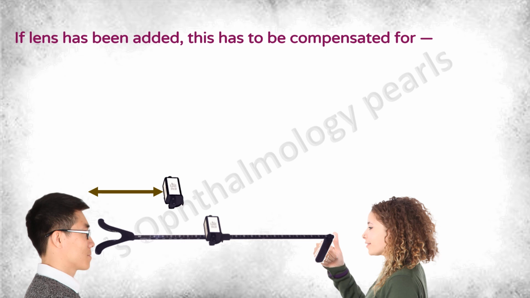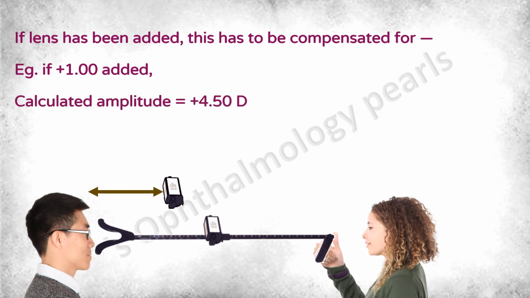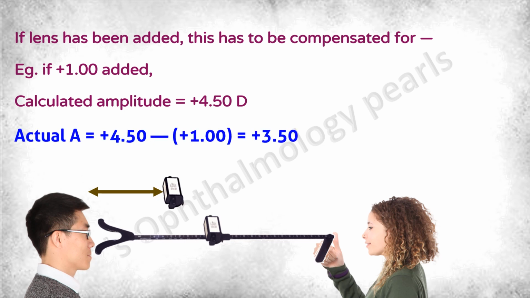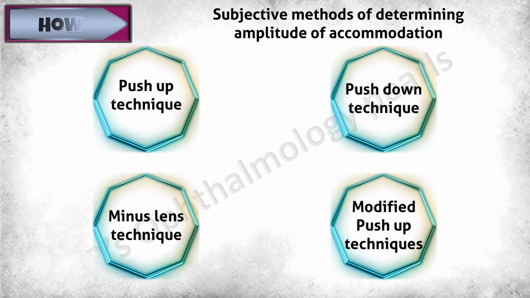If any lens other than the distance refractive correction has been placed, then the power of the lens that was placed during the test should be algebraically subtracted from the amplitude. For example, if plus 1 was added and the calculated amplitude is plus 4.5 diopters, the actual amplitude is 4.5 minus 1, that is plus 3.5 diopters.